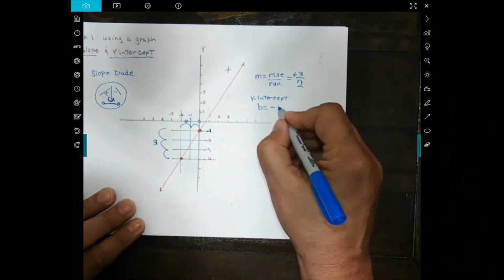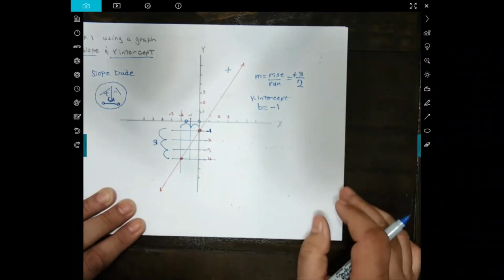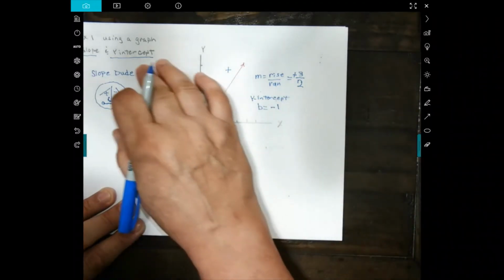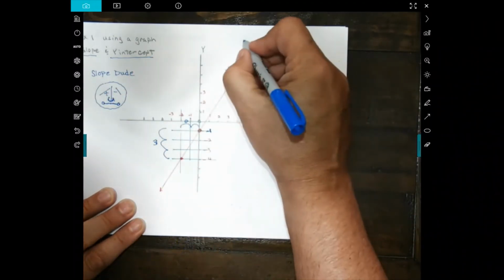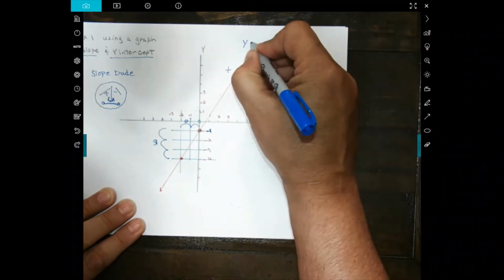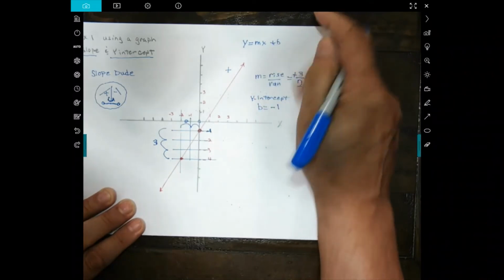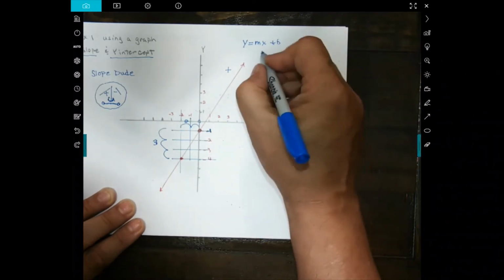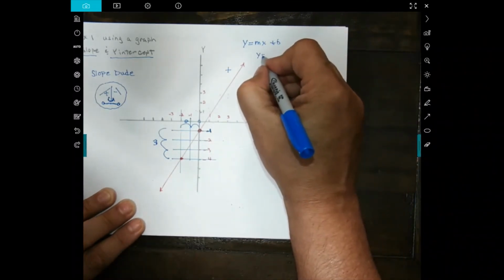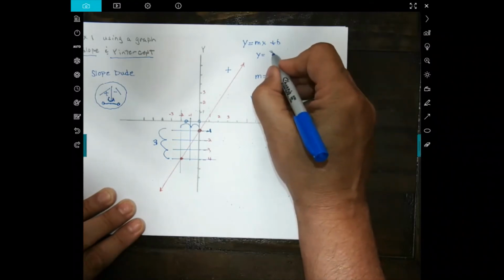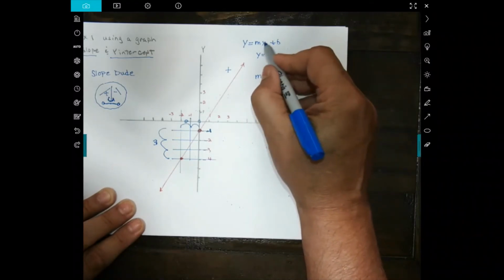So my y-intercept is -1. And if I want to write the new equation in slope-intercept form, y equals mx plus b, then I know what my slope is already. So my equation is going to be y equals 3/2 times x.